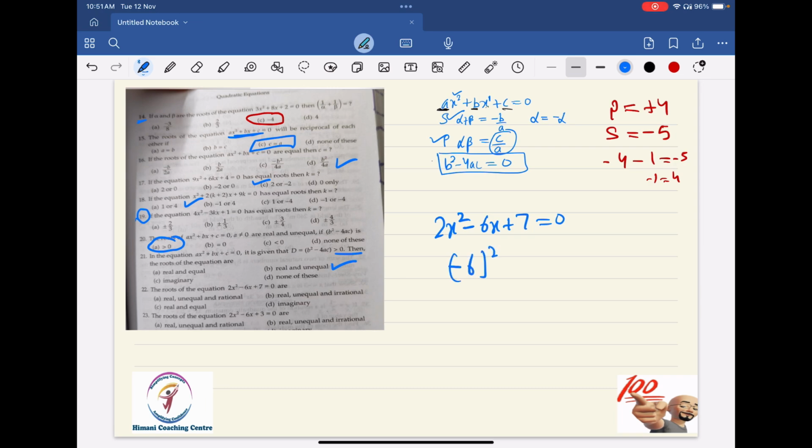So minus 6 square minus 4 times 2 times 7. So this would be 36. Remember, minus squared is a plus, and then you get minus 56. We are getting a negative value. That means it is less than 0. So what should be our answer? The roots are imaginary.